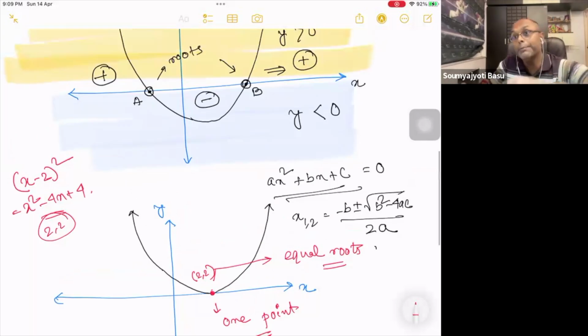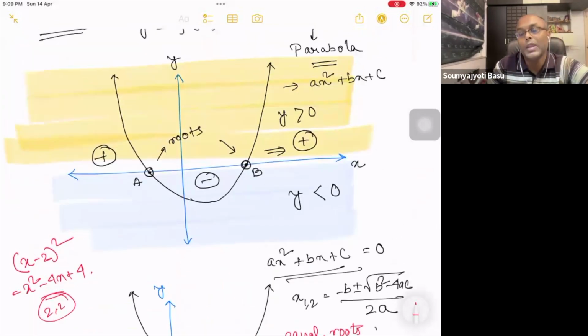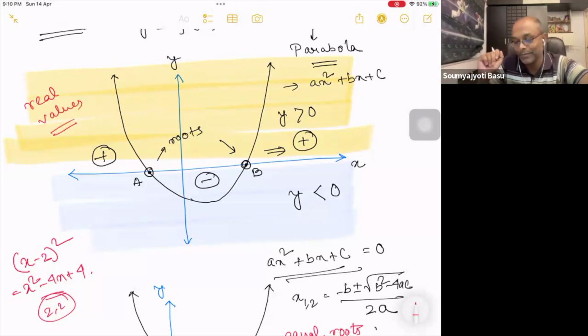And if you have two distinct real roots, you get this scenario where the curve crosses or cuts the x-axis at two different points, two different real values of x. Remember this term, real values. Why am I saying real values? You will soon understand.